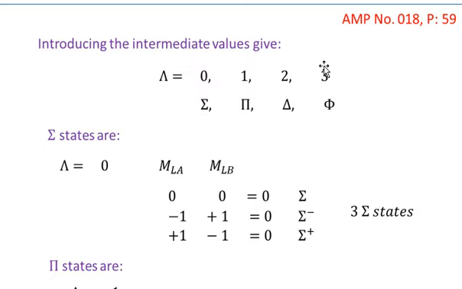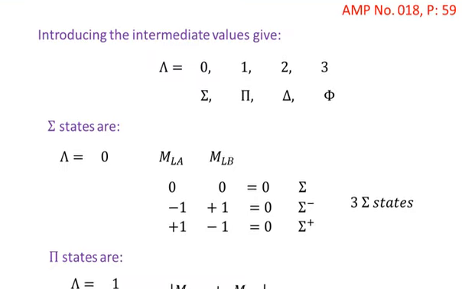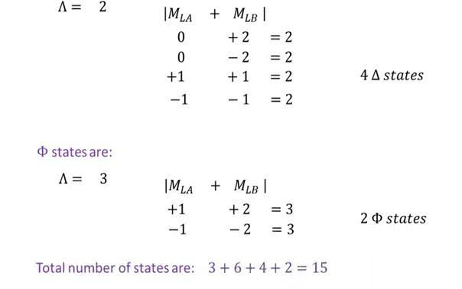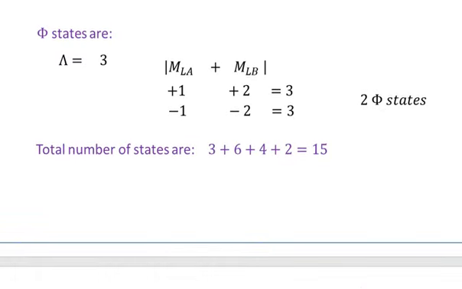Now I am going to talk about capital lambda equal to 3. That is, I am going to discuss how many phi states there will be. Since capital lambda is equal to 3, the combination can be obtained using plus 1 plus 2, minus 1 minus 2.